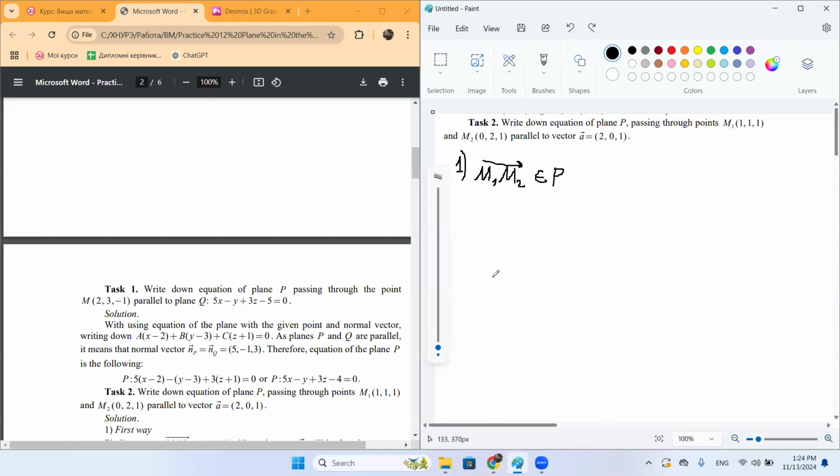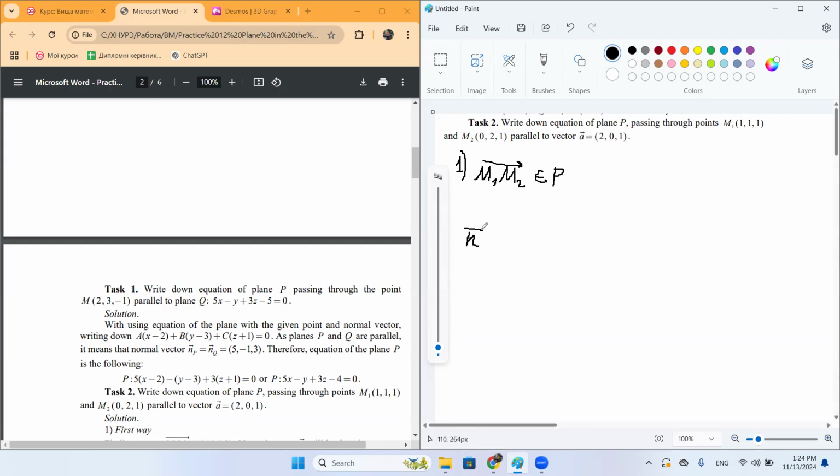Any ideas? Let's remember vector products. Okay, I will remind you.